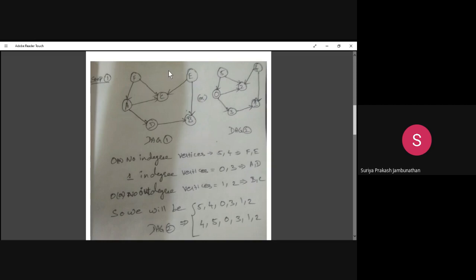When you are writing for graph 1, can you tell me how the solution can be written? We wrote the solution for graph 2 here. Can you tell me the solution for graph 1? What is the solution we can get for graph 1?